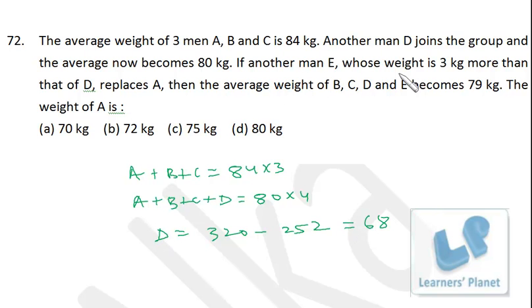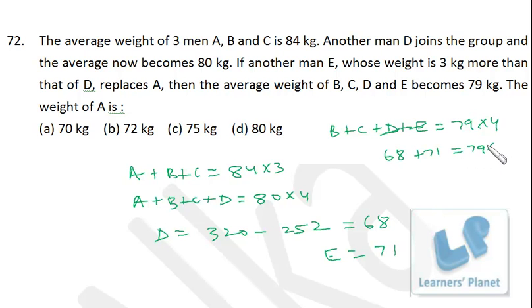Another man E, whose weight is 3 kilograms more than D. So E is 71. Okay, replaces A. The average weight of B, C, D and E becomes 79. That means B plus C plus D plus E is 79 into 4. Now D you know, 68, E you know, 71, and this is 79 into 4.